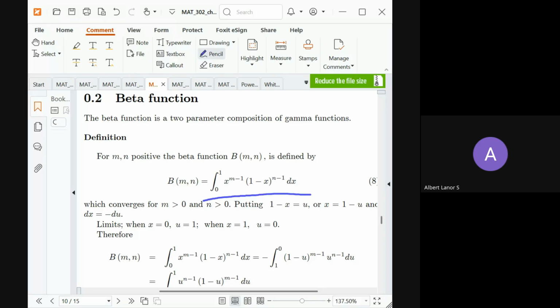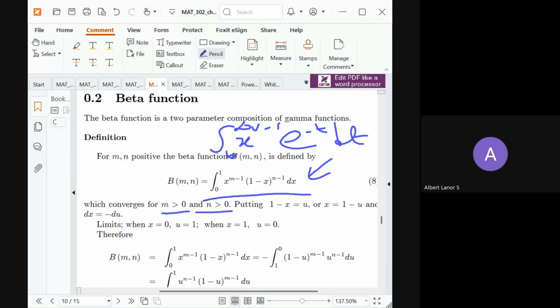Now remember that the gamma function was like this: t to the power x minus 1, e to the minus t, from 0 to infinity. Then the beta function is like this: x to the power m minus 1, 1 minus x to the power n minus 1, dx. Now this will converge for m greater than 0, n greater than 0.